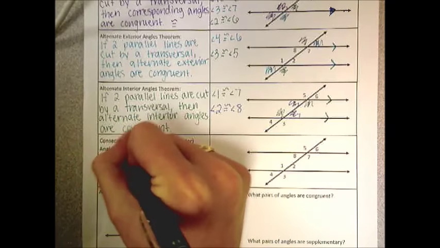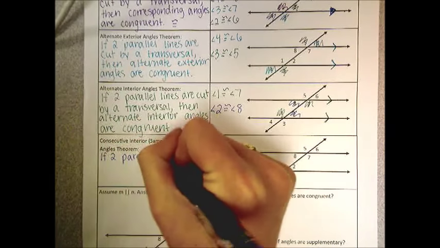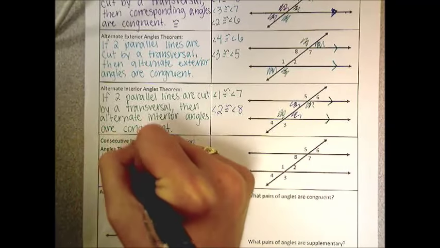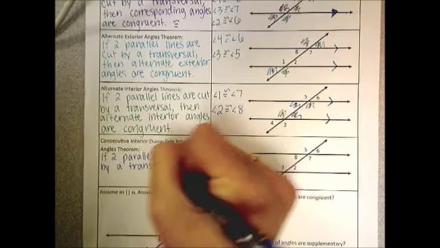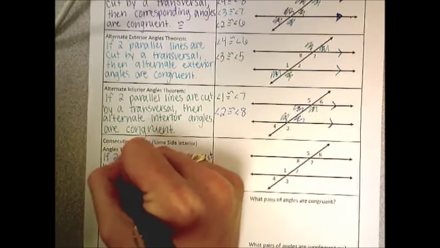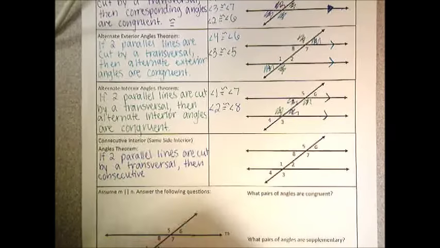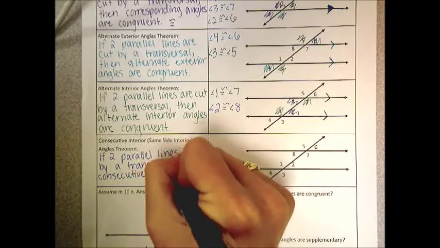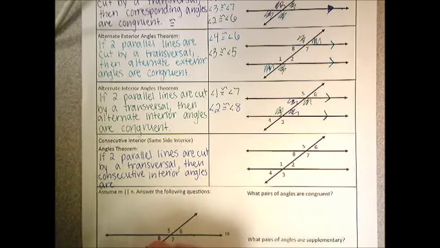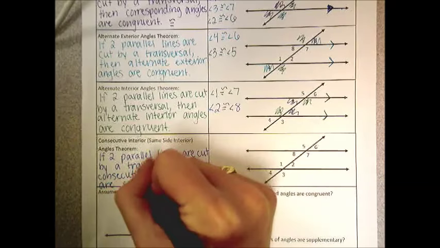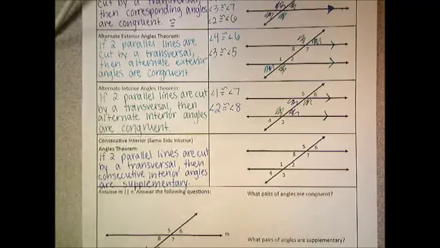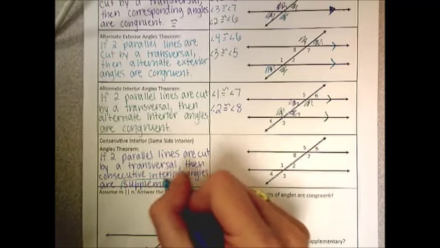If two parallel lines are cut by a transversal, then consecutive interior angles are supplementary. This is the difference here, supplementary. Maybe put a box around that or something so you notice the difference here.